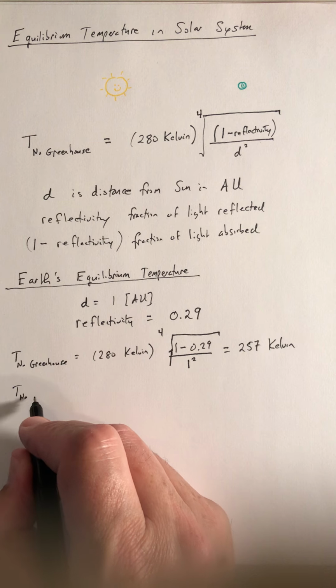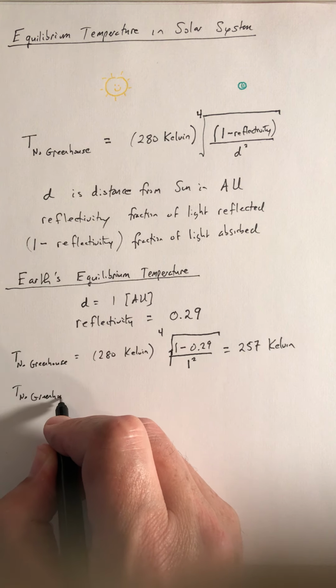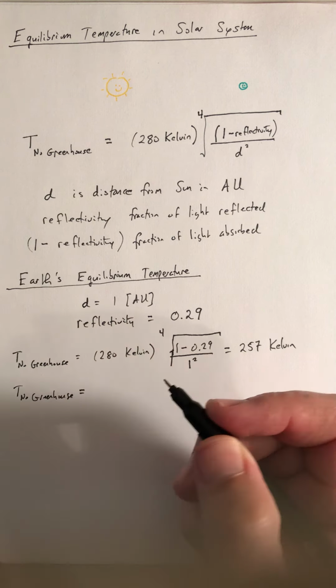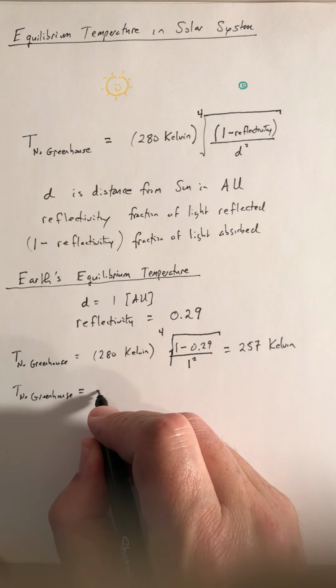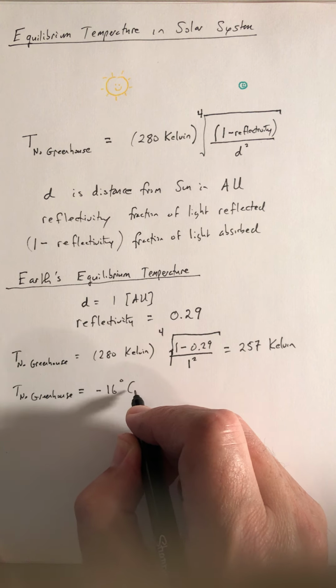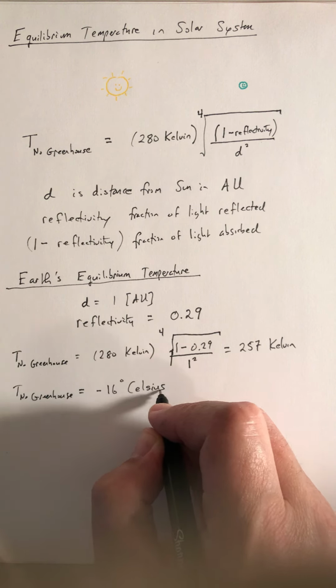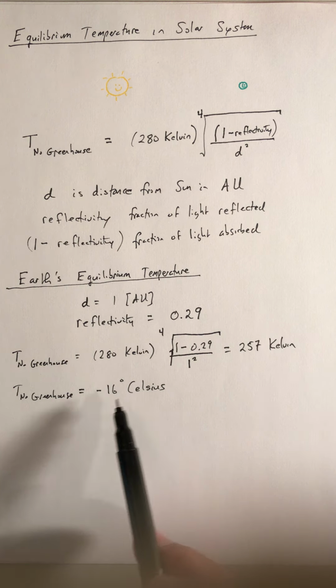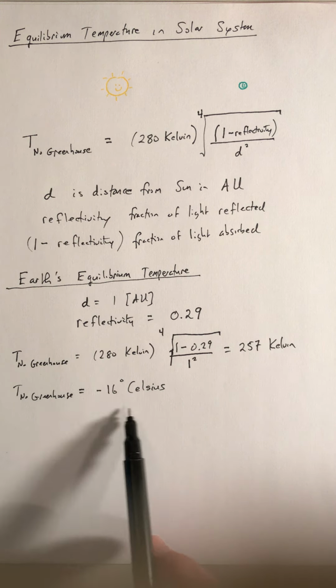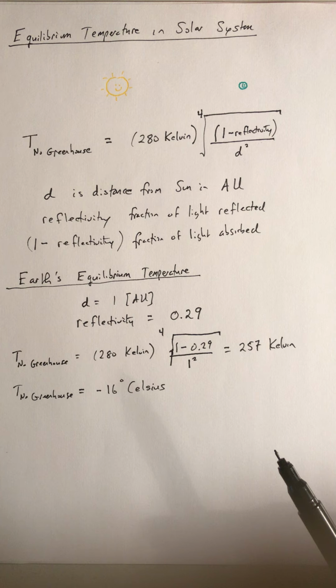So without any greenhouse effect from our atmosphere, we're getting about minus 16 degrees Celsius as the average temperature for the surface of the Earth, so well below freezing. Thankfully we do have a greenhouse effect that raises the surface temperature of Earth on average about 30 degrees Celsius above that, so we're above the freezing point.